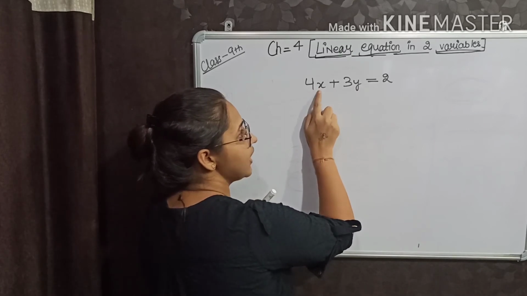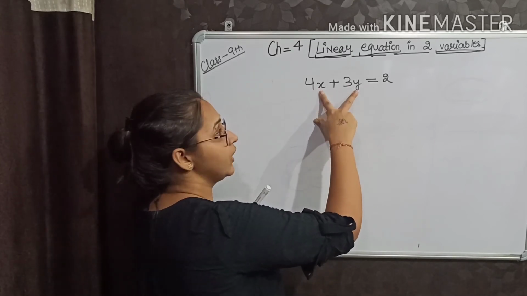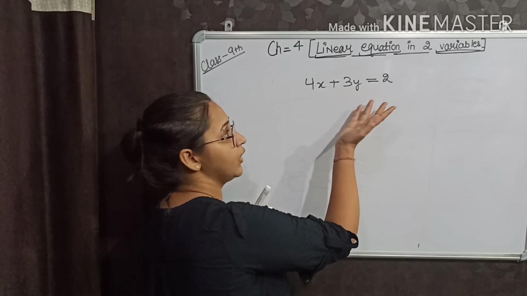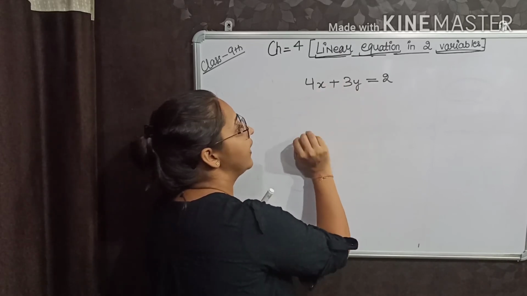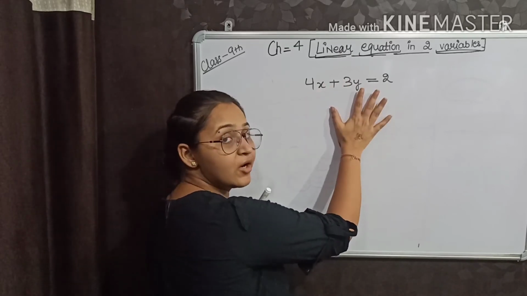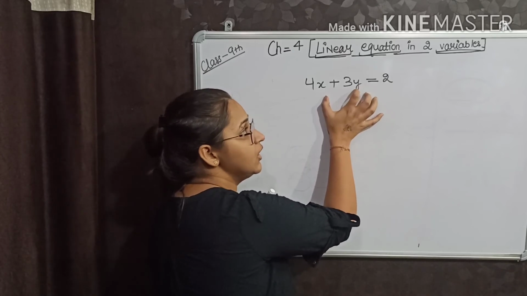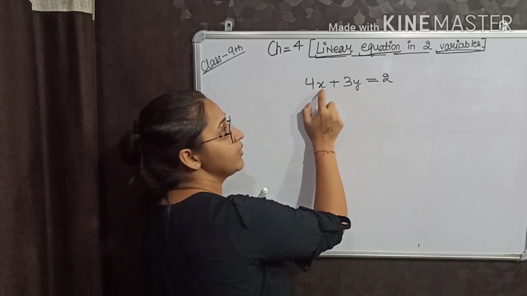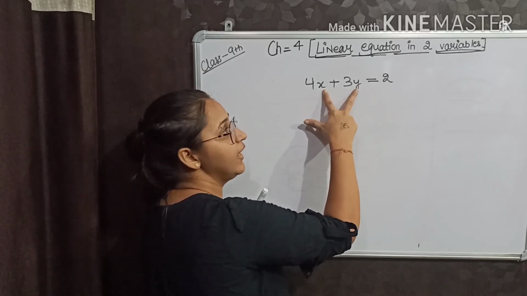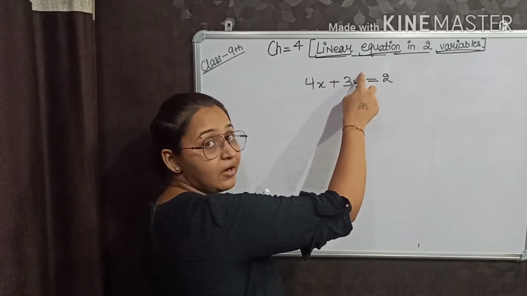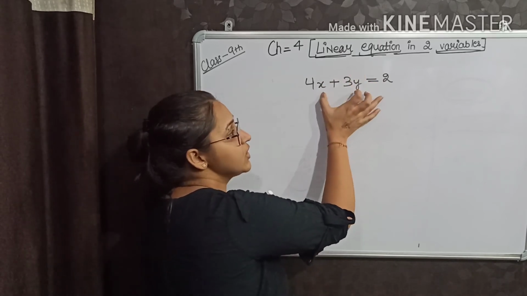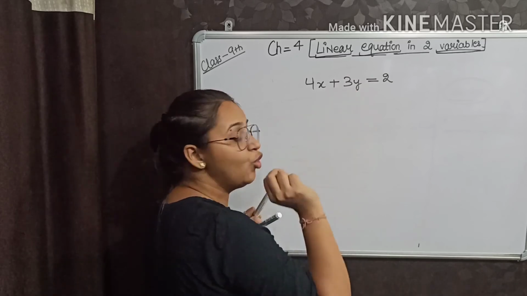The variables are now x and y because you can assign any value to x and y. 4, 3 and 2, these are constant. So it is a linear equation. Why linear? Because the variable x and y have degree only as 1. Okay, power is 1. So it is a linear equation in two variables.